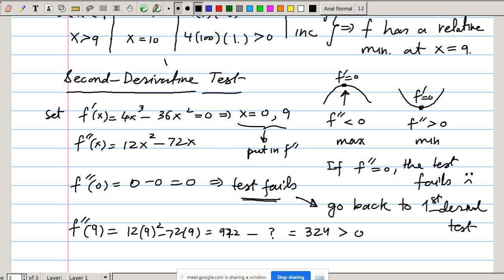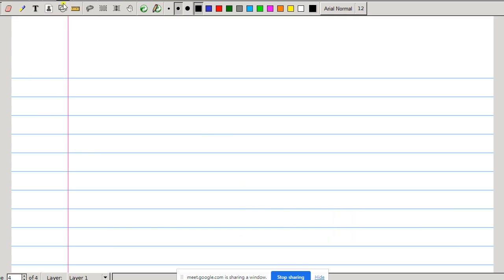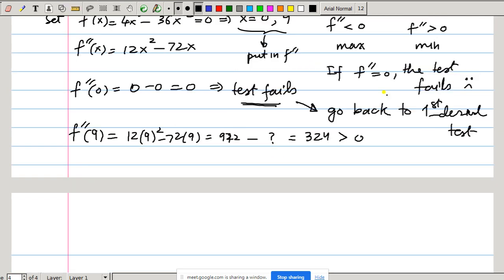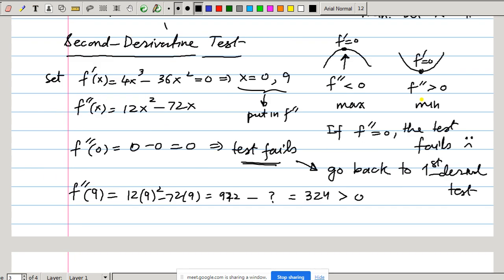So we know that when it is positive, then it is minimum. We wrote that here: when your second derivative is positive at a critical point, it gives you minima. So from here I can say that f has relative minima at x equal to 9.